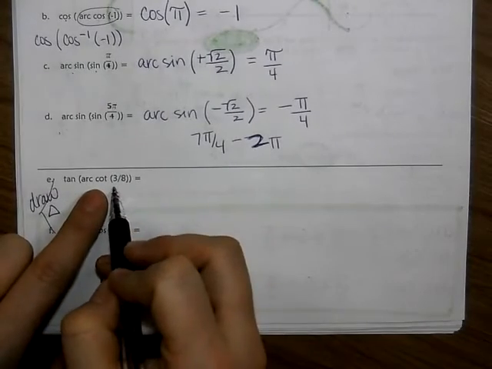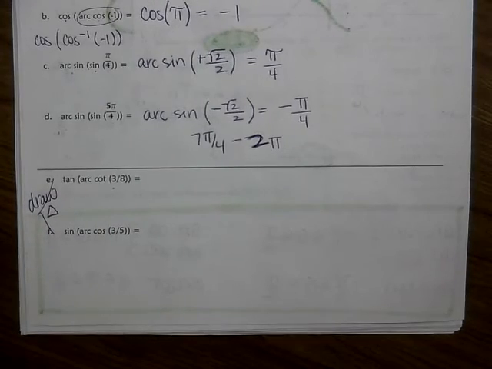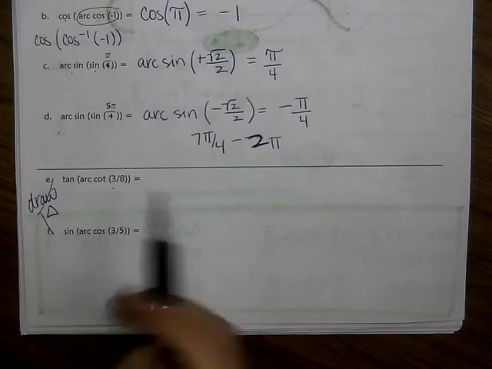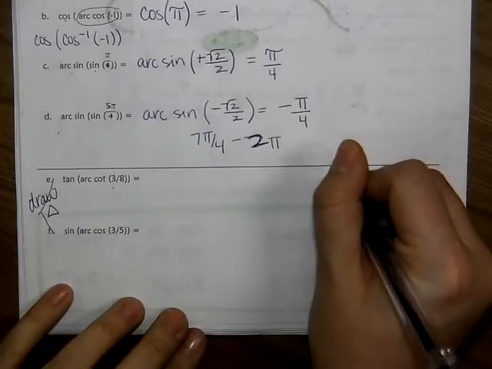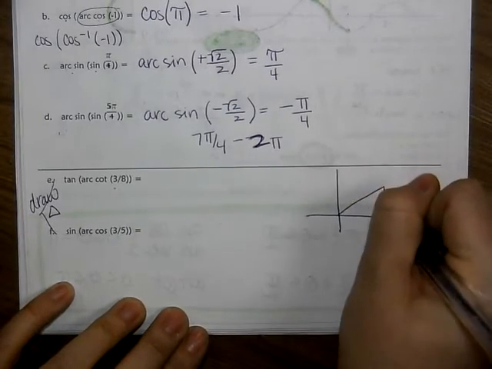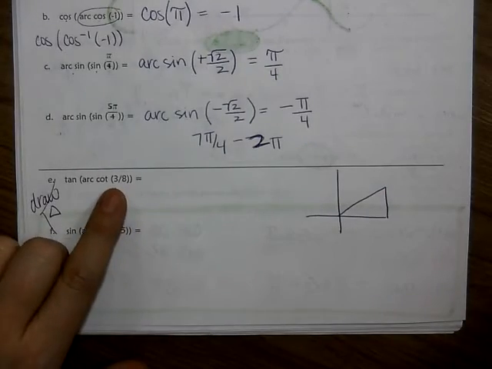So we're given cotangent of 3 over 8. So cotangent is defined between quadrants 1 and 2. For cotangent to be positive, doesn't it have to be in quadrant 1? If our choice is between 1 and 2, it's got to be in 1 if it's positive. So we're going to draw that triangle in quadrant 1.